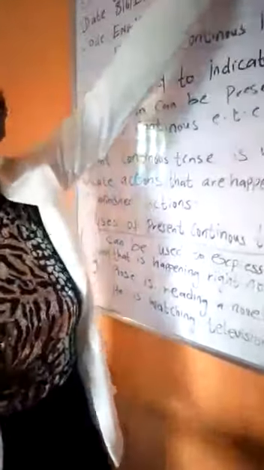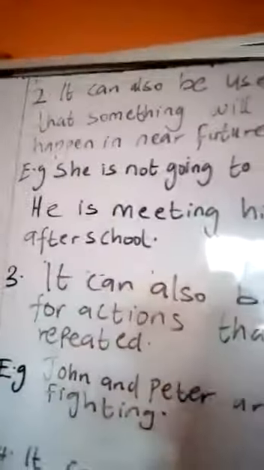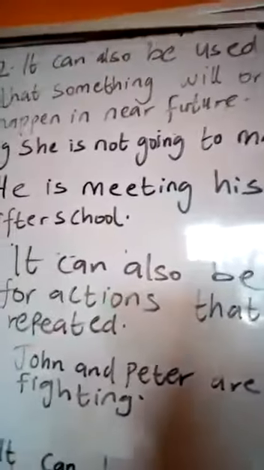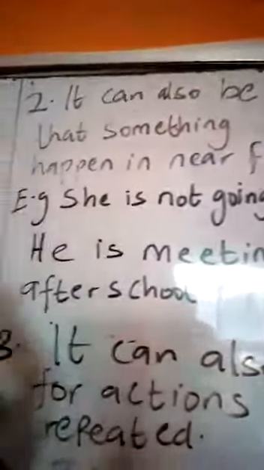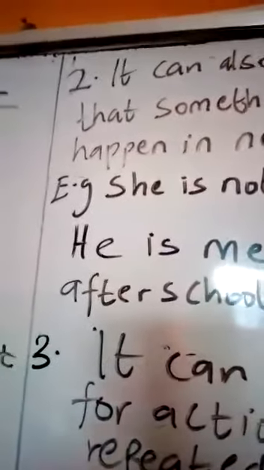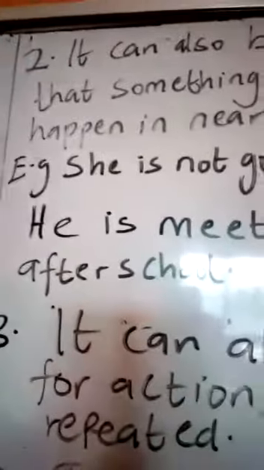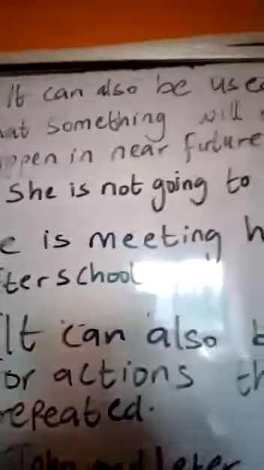We have another use. Okay. Number 2 is it can also be used to show that something will or will not happen in near future. I take that again. One of the uses of present continuous tense is it can also be used to show that something will or will not happen in near future. Is that okay?